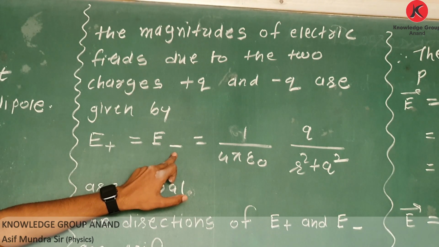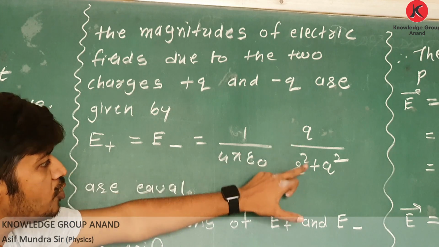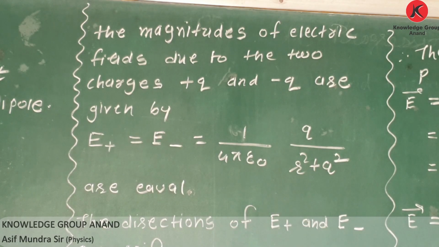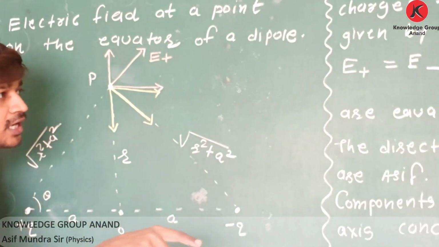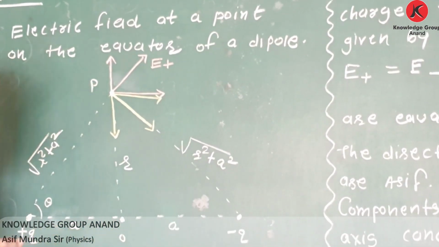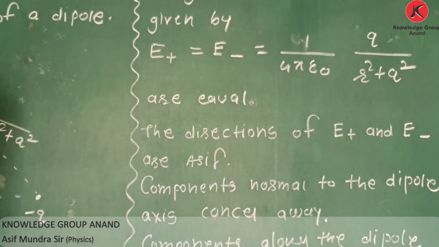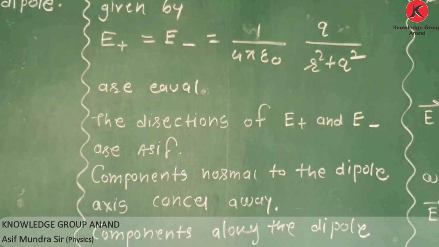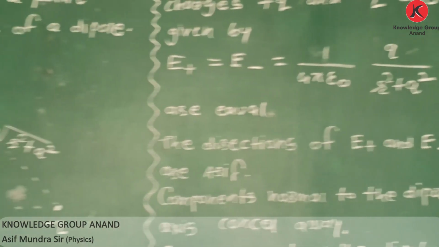The magnitudes of charges are equal and distances are also equal, so it is 1 upon 4 pi epsilon 0 q upon distance square. What is the distance? Under root r square plus a square whole square, so square and square root cancel out each other. So E plus is equal to E minus is equal to 1 upon 4 pi epsilon 0 q upon r square plus a square. Now, directions. See in the figure carefully.